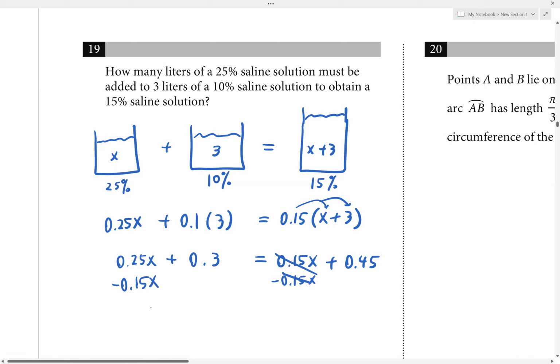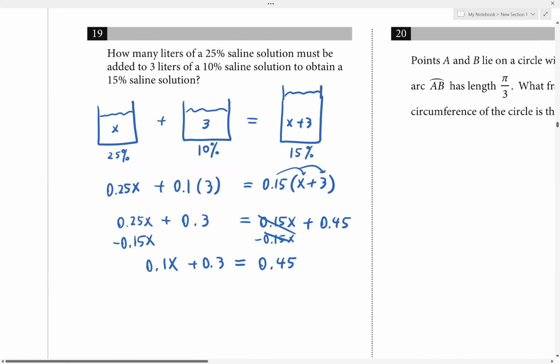That cancels, and we get 0.1X plus 0.3 equal to 0.45. And then lastly, we do minus 0.3 on both sides. 0.1X equals 0.45 minus 0.3, which is 0.15. To solve for X, we divide by 0.1.